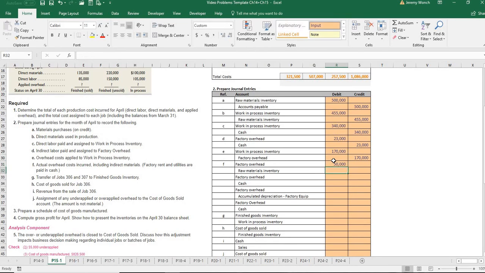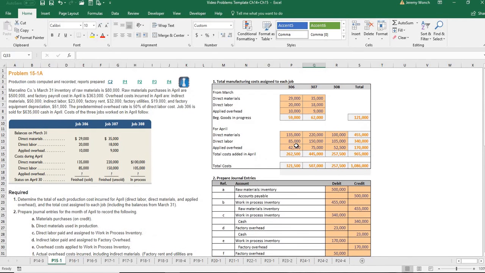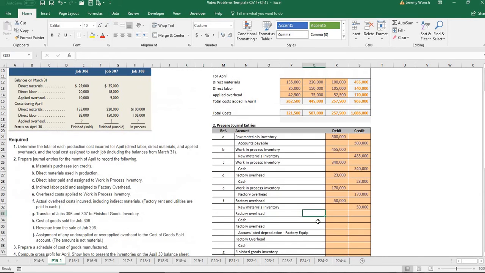Those are paid out, so that increases our overhead, and it's going to come out of our raw materials. And so factory utilities are $19,000, and we paid cash for those.